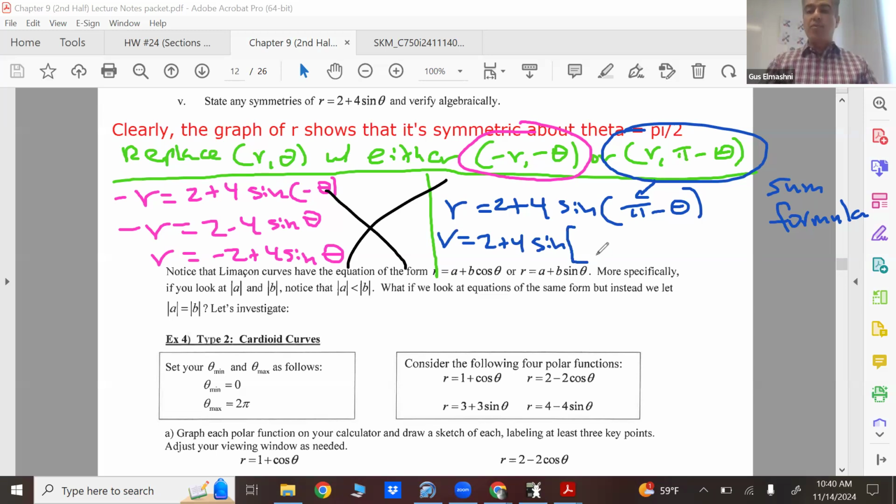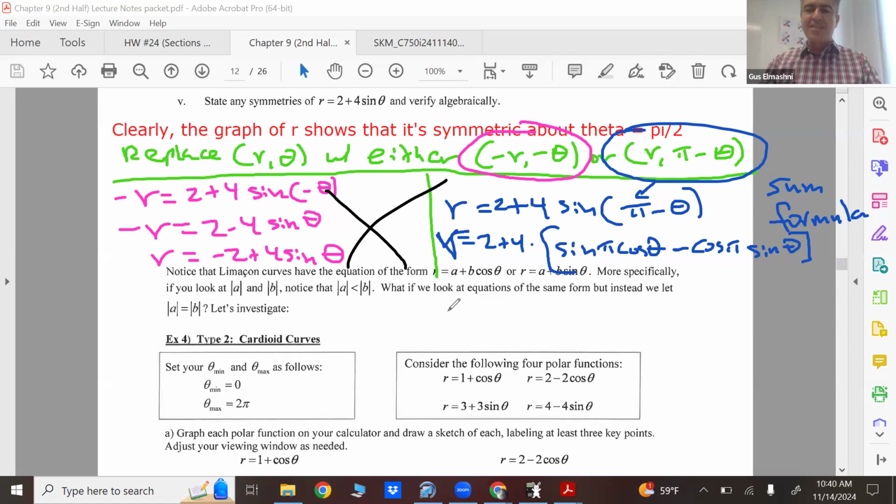Okay. So what's the sum formula? Oh, sorry, my bad. 4 times bracket sine pi cosine theta. Love it. See, you remember. There you go. What are you guys moaning and groaning about? You guys got this. Plus cosine pi sine theta. It's not that hard.